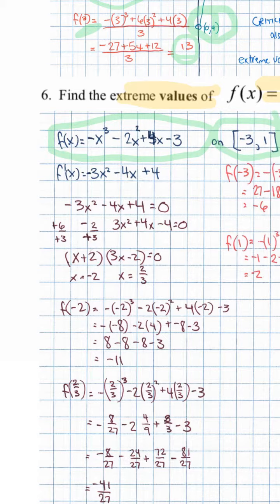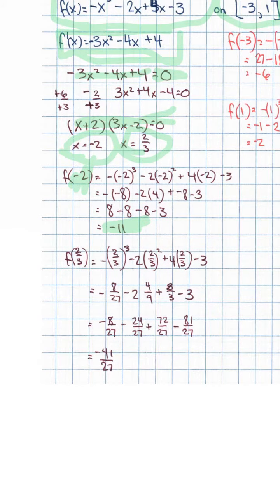I took the derivative of that function, not a hard derivative at all, set the derivative equal to 0, factored it because the derivative is a second order function, just a quadratic equation, factored it, and I got zeros for the derivative at -2 and at 2/3. So I plugged in the -2 back into the original polynomial, and I got -11.